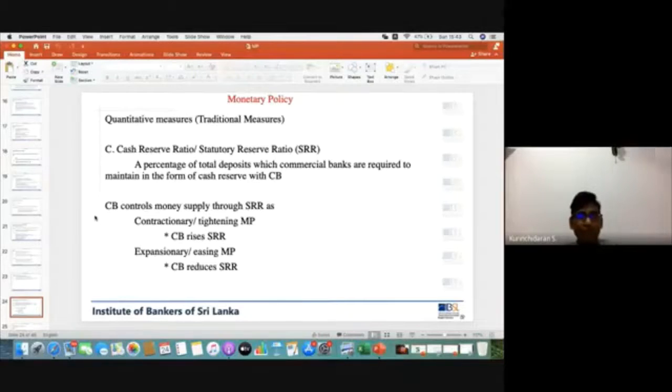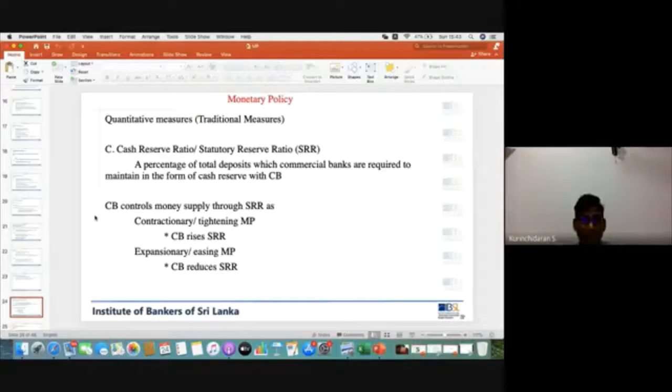So now how do central banks control money supply? Central bank controls money supply through SRR in two ways, right? If they increase the SRR, what will happen? Let's say you have a deposit of 10 rupees.